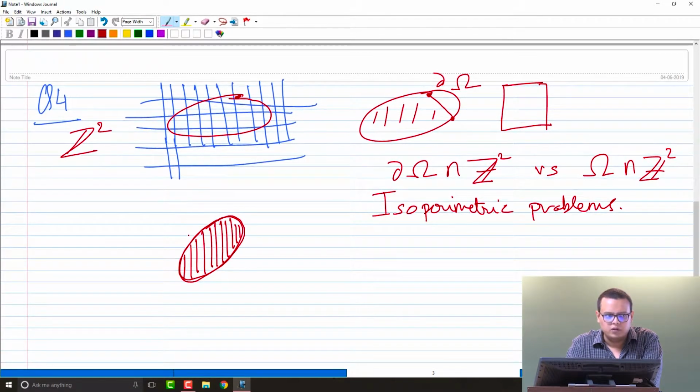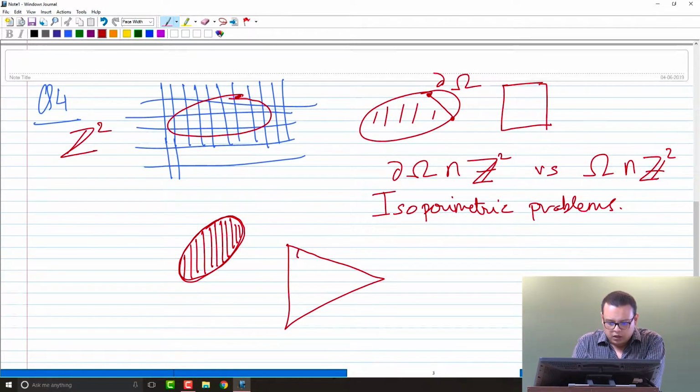Do we know this object? See, there are many. I can make a triangle. Exactly. Unit disk is one, right? These are isoperimetric problems. I can make a triangle with unit area, right?